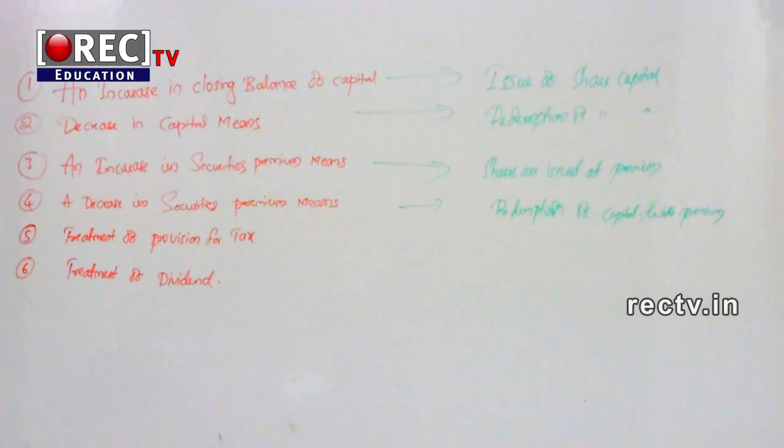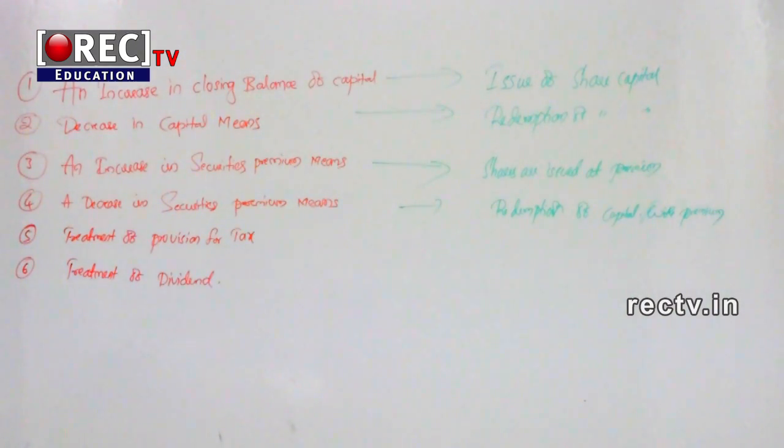Likewise, if the provision created in the current year is also given, along with the opening and closing balance, then to the opening balance you add the current year provision, and then deduct the closing balance of proposed dividend. What you arrive at is the proposed dividend paid.